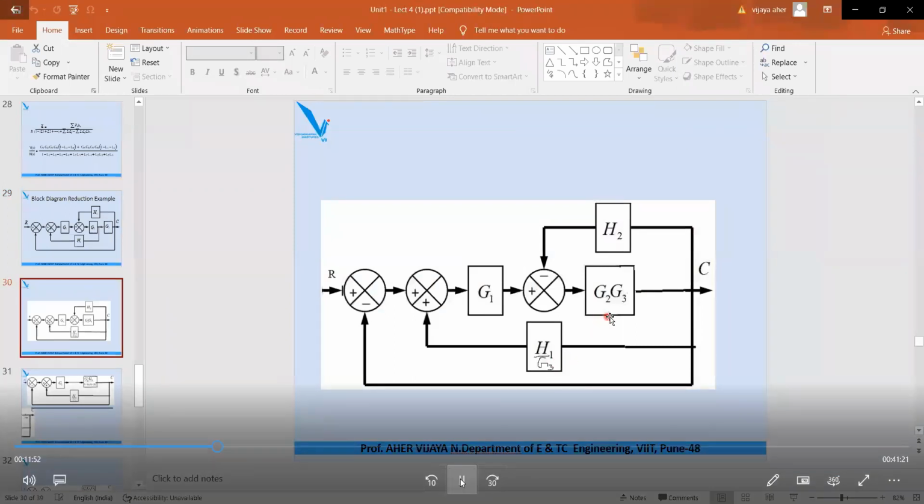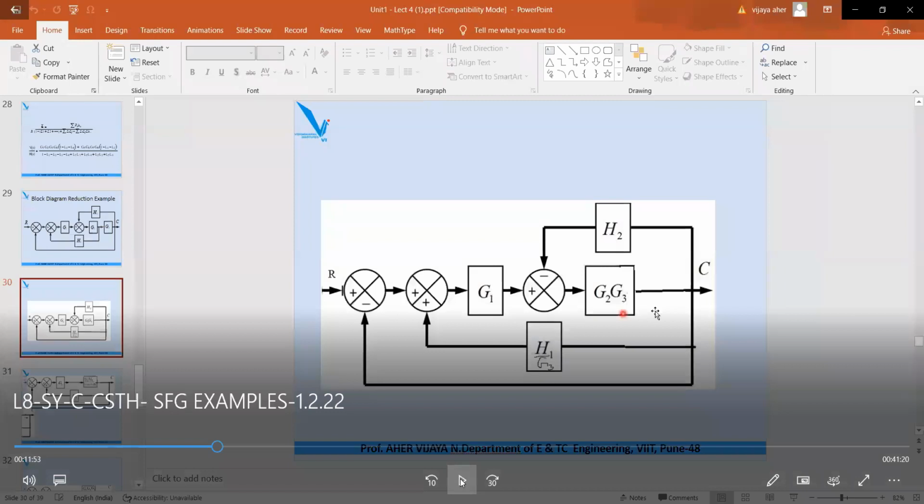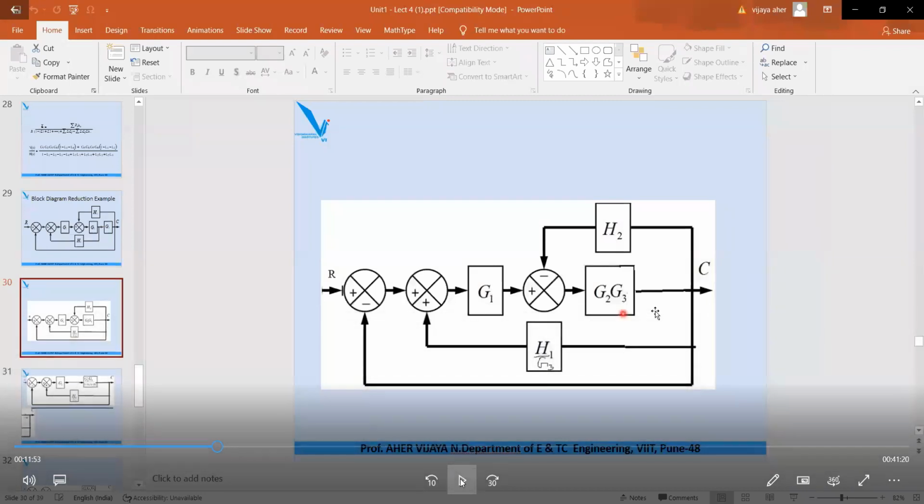Any doubt? Ma'am, why is H1 not connected after G2, G3, like in the forward part? Why is it connected to the feedback part? H1 is a feedback element, hence it is connected in the feedback part.